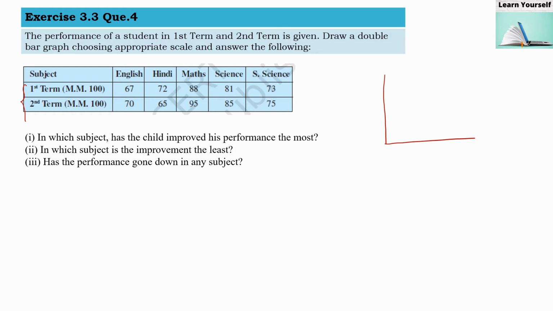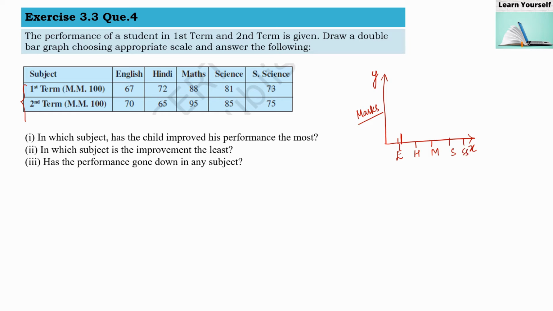So here we are going to take the marks on the y axis. Whereas on the x axis we are going to represent term 1 and term 2. So here term 1 will come and term 2 will come. But how will we differentiate? With the subject. So here I am going to mark the subjects: English, Hindi, Math, Science and Social Science, that is SS.